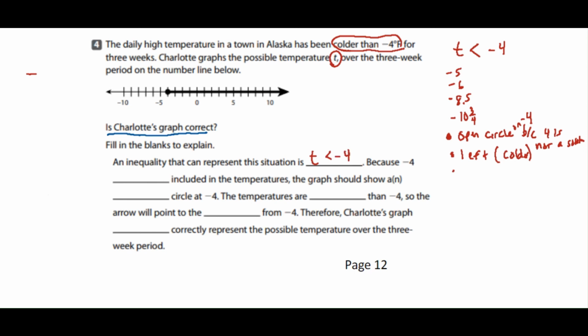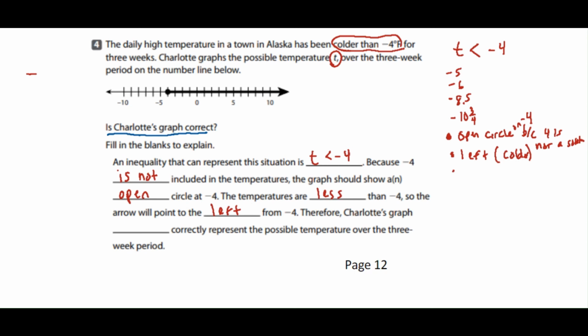Because -4 is not included in the temperatures, the graph should show an open circle at -4. The temperatures are less than -4, so the arrow will point to the left from -4.